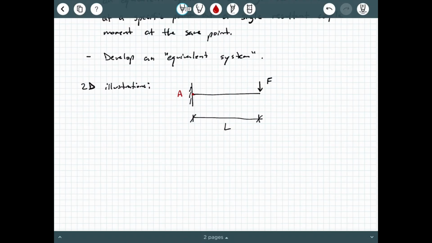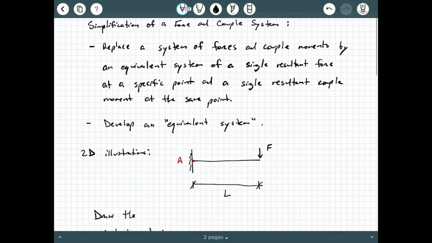Okay, so what would an equivalent system of this be? Let's write this here. We're going to say draw the equivalent system. So look at the definitions we put up here. We said we're going to replace a system of forces and couple moments.